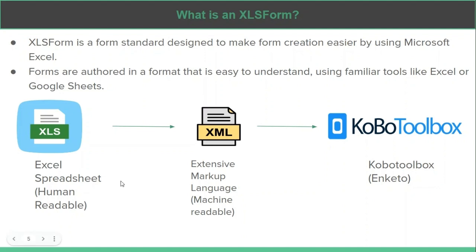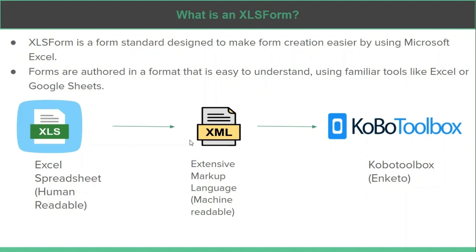And this is the workflow of how creating a form works. So basically, you have an XLS form, an Excel spreadsheet, which is the usual Microsoft Excel or Google Spreadsheet. You create the form on Microsoft Excel, which is human readable. And then once you try to upload it to the Kobo Toolbox, there's this middle guy called XML.